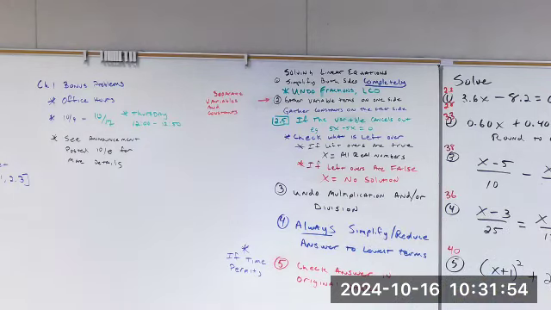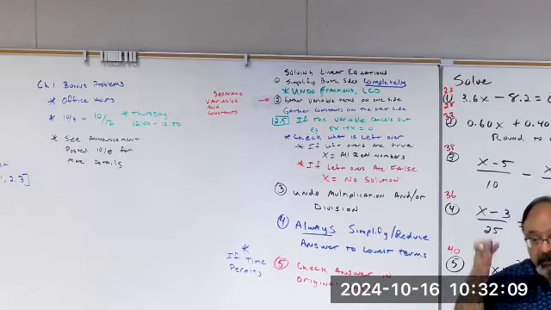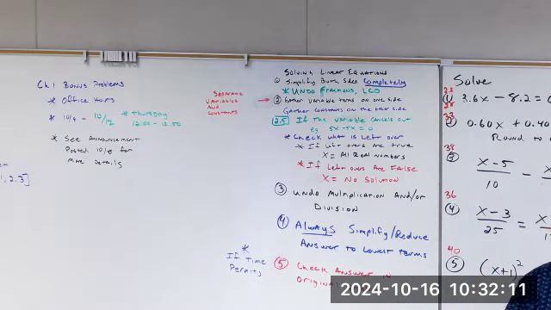And when you want the y-intercept, that is where it intersects the y-axis. If you're on the y-axis, the x-coordinate has to be 0. Anytime you're on the y-axis, the x-coordinate has to be 0.